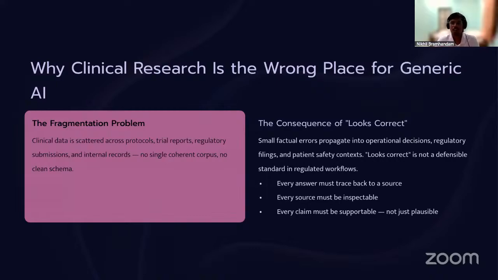Even a very small error can become a very major issue downstream, and looking correct is never good enough in the field of medicine, right? Because in many cases it can mean a matter of life and death. So this is why clinical research is extremely averse to using AI in their day-to-day practices. So this is the main fragmentation problem that we are trying to solve here. Can we go to the next slide?